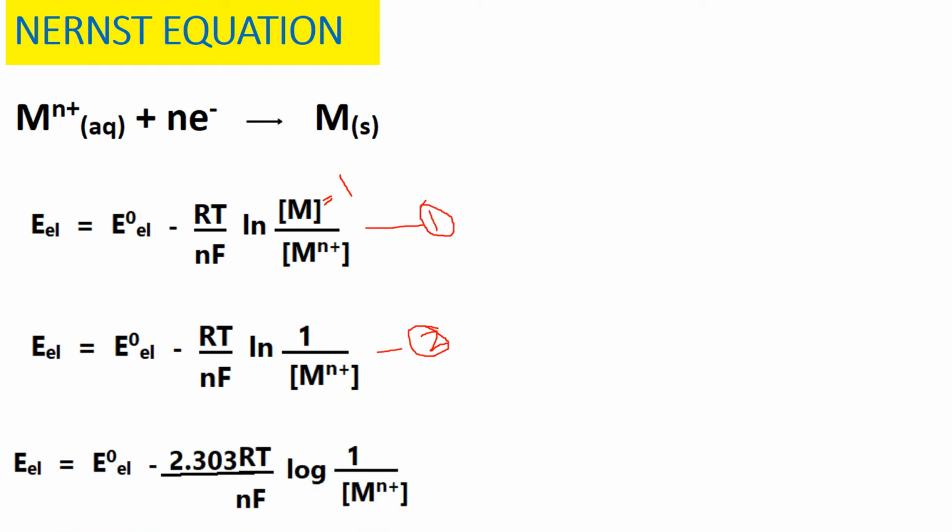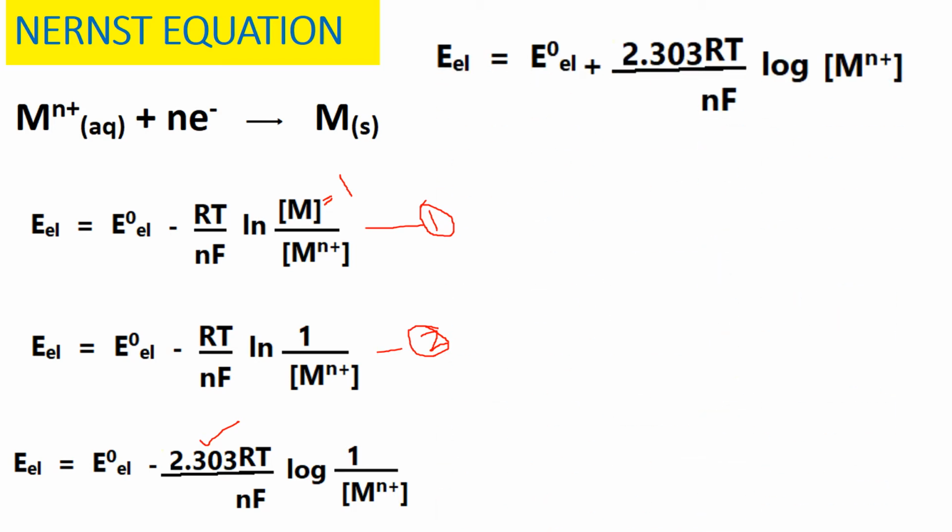Here the electrode potential of the electrode is equal to the standard electrode potential of the electrode minus 2.303 RT by nF log 1 by Mn+ concentration of metal ion. The natural logarithm is converted to the ordinary logarithm by multiplying with the constant 2.303. That is equation 3.